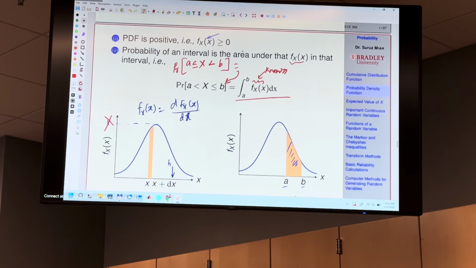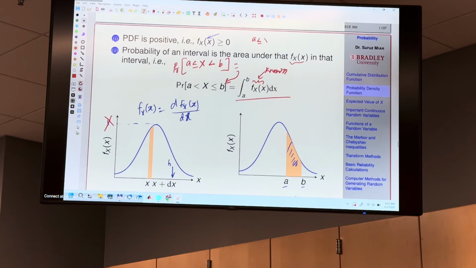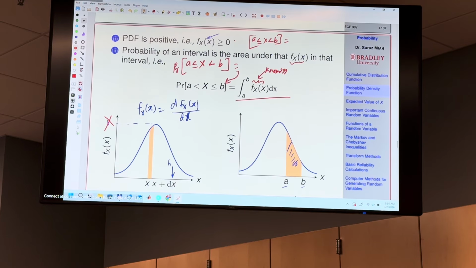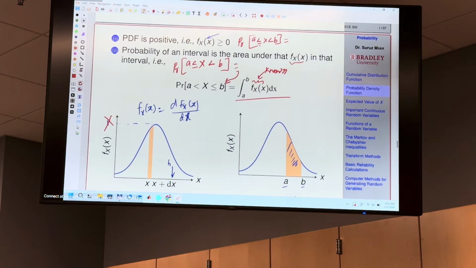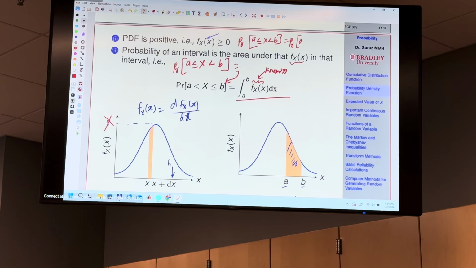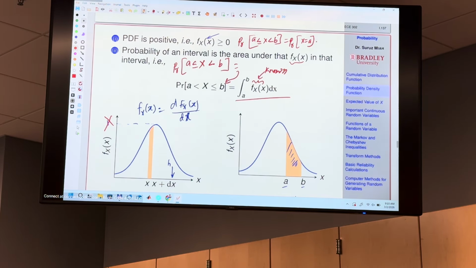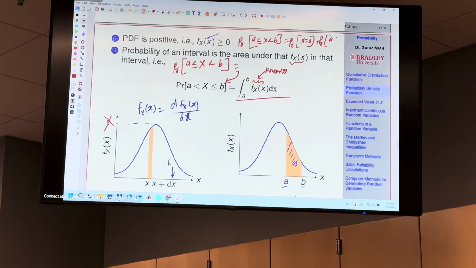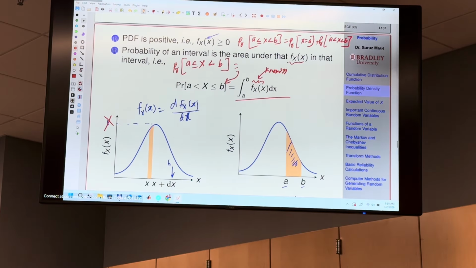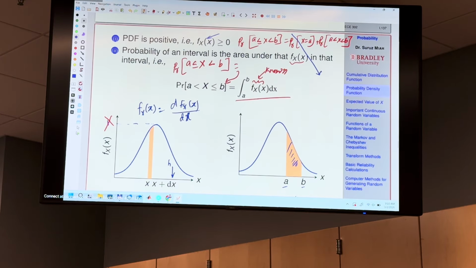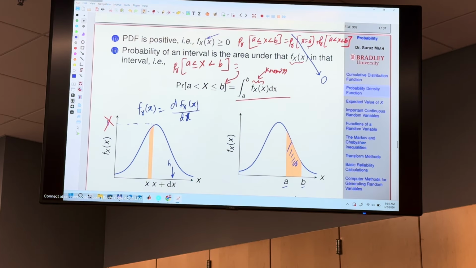Because we know that the probability that a less than or equals x less than b is the same as the probability that x equals a plus the probability a less than x less than b. And for continuous random variable, the probability that the random variable takes value exactly a is 0.